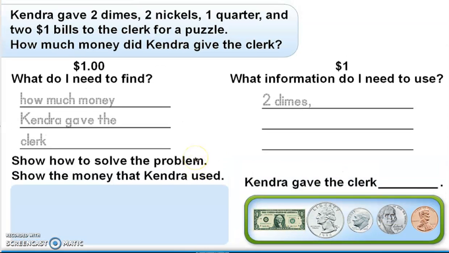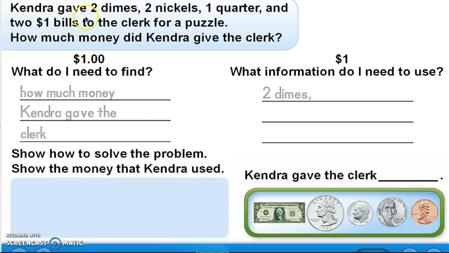So the first thing that we noticed is, again, that she gave the clerk 2 dimes. So we are going to bring over 2 dimes. Okay, and I'm going to put them over here because I also want to put them in order by value. Okay, so there's our 2 dimes. She also gave the clerk 2 nickels, and I know that nickels are worth less than dimes, so I'm going to put them on this side of the dimes.